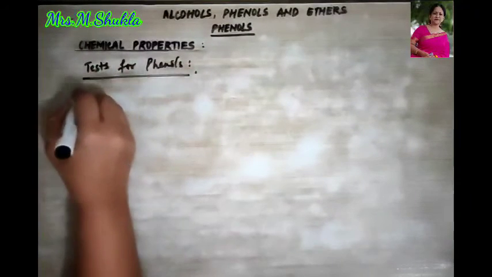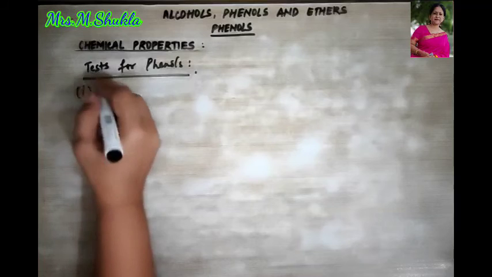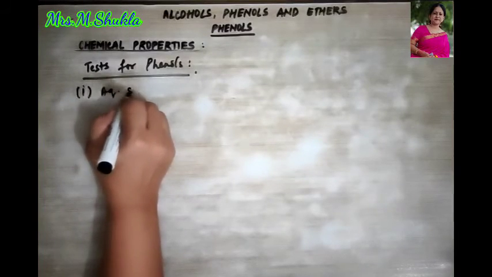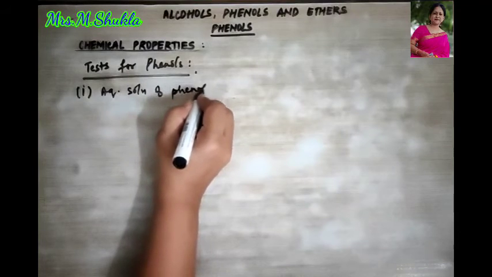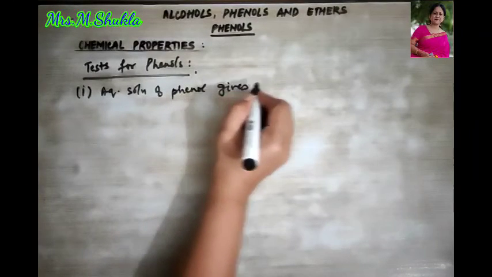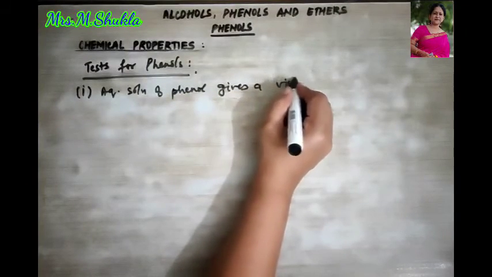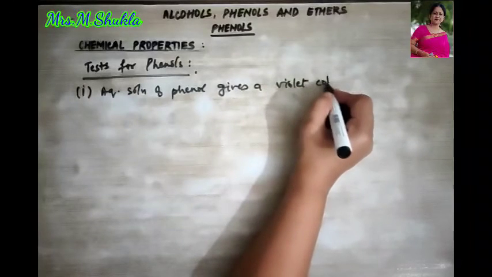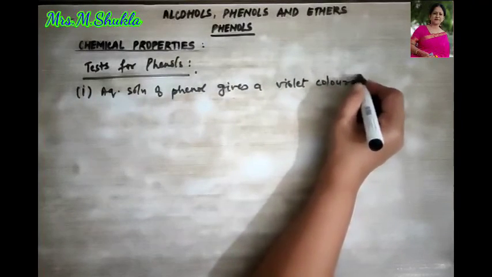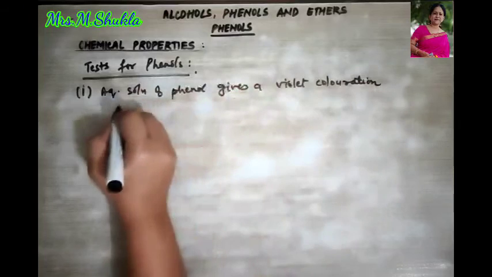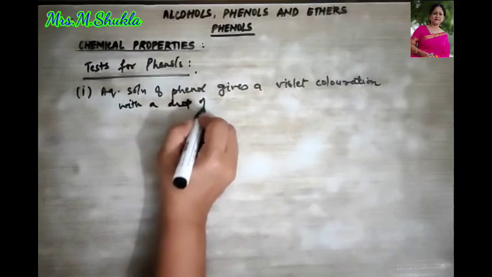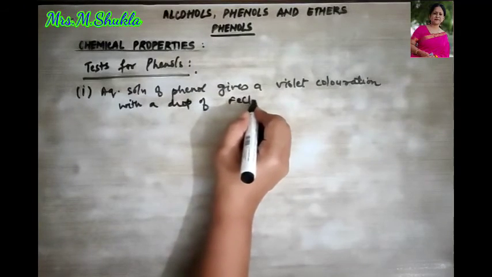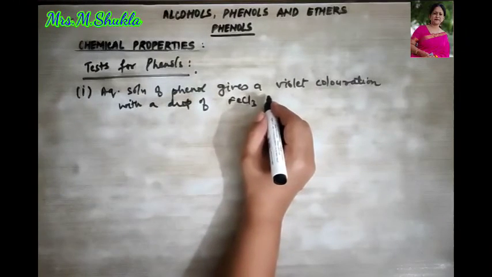Okay, so the first test is when the aqueous solution of phenol gives a violet coloration with a drop of FeCl3. What is that product formed?